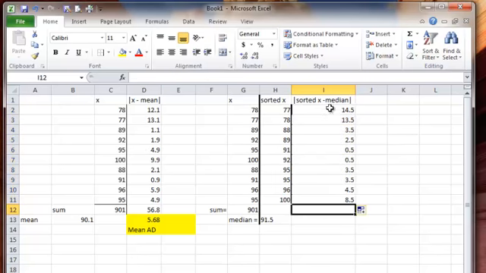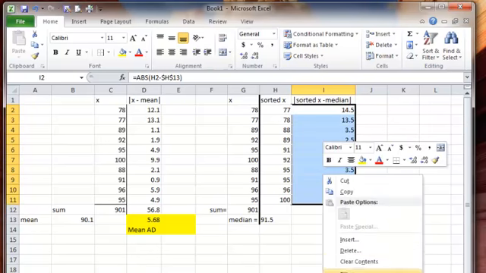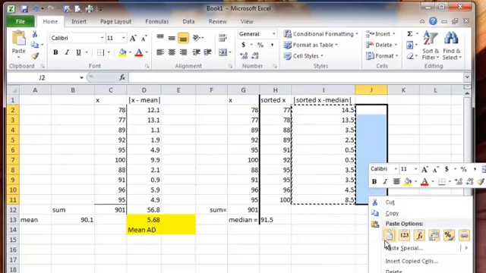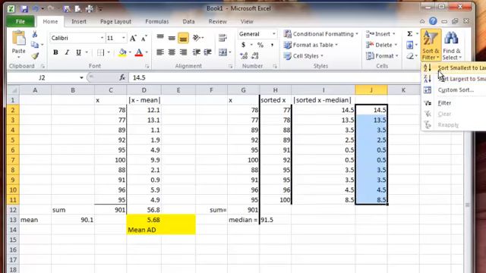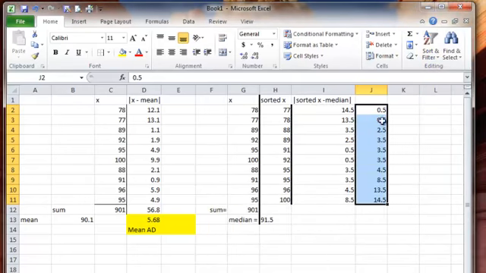And now I need to sort that data and find the median of that. To paste the values, and now I can take this and sort it from smallest to largest, and now I'd have to take the middle two here, which would be these two, so the median deviation would be 3.5.